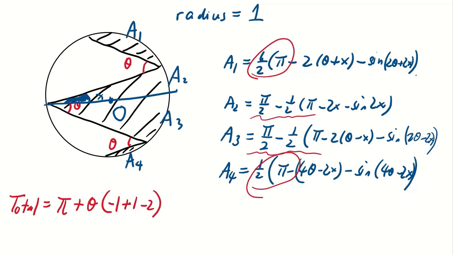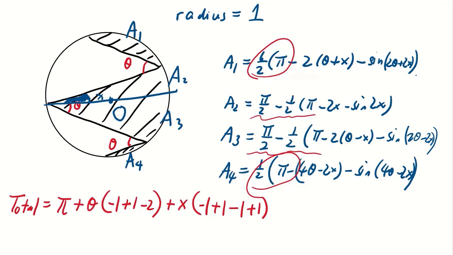So this is the amount of theta that we have. Then we look at the term x. From A1, we have a negative 1x. From A2, we have a positive 1x. From A3, we have a negative 1x. And from A4, we have a positive 1x. That's good because we won't have x anymore.